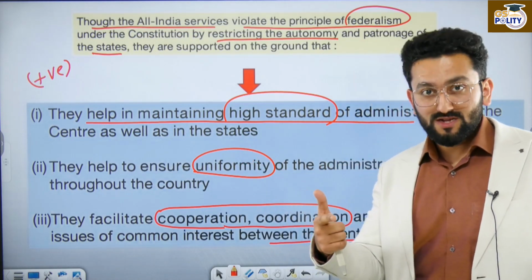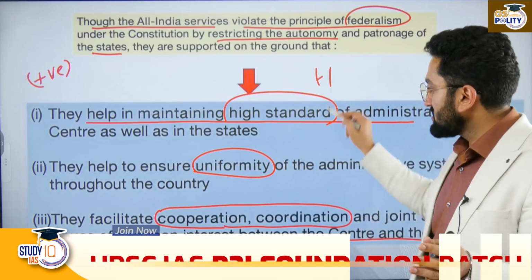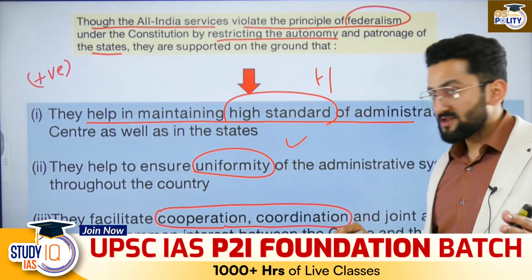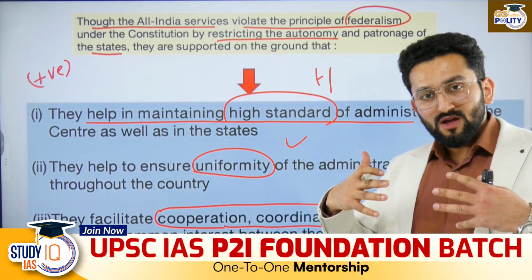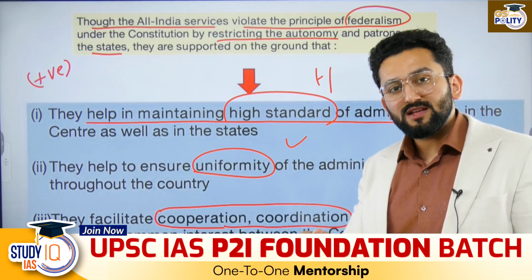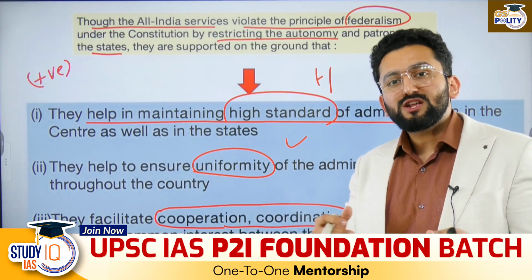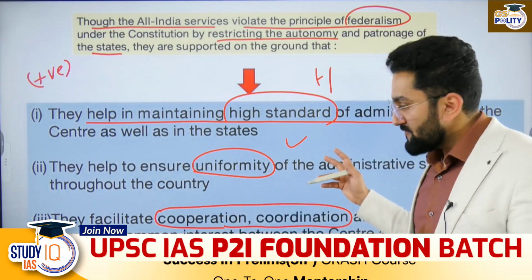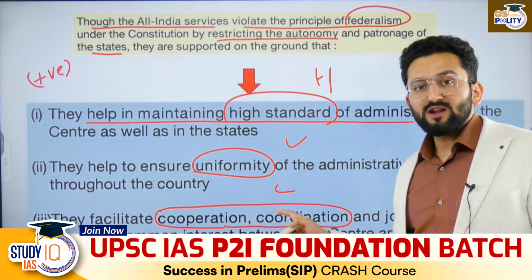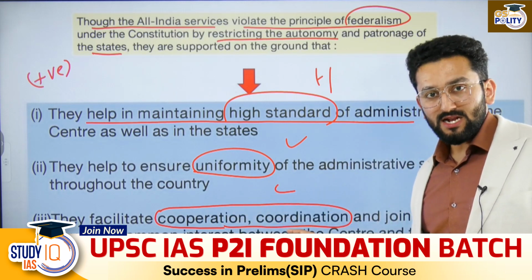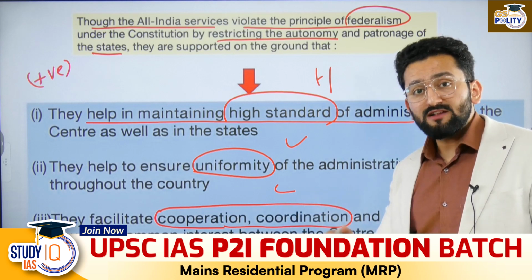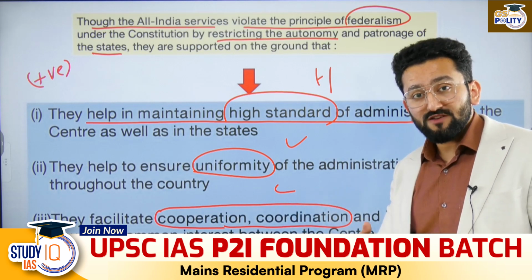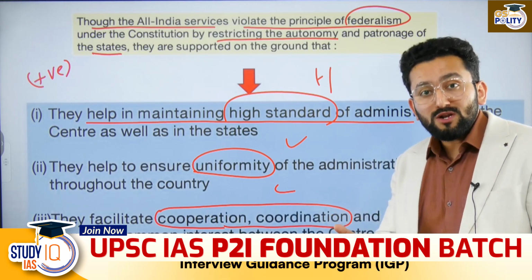Second, uniformity. So one is high standard, second is uniformity. Because if the same kind of training and the same kind of environment has been created, then definitely you know what objective you need to achieve. Third is cooperation and coordination, because we need cooperation and coordination in different states in order to achieve our common goals.